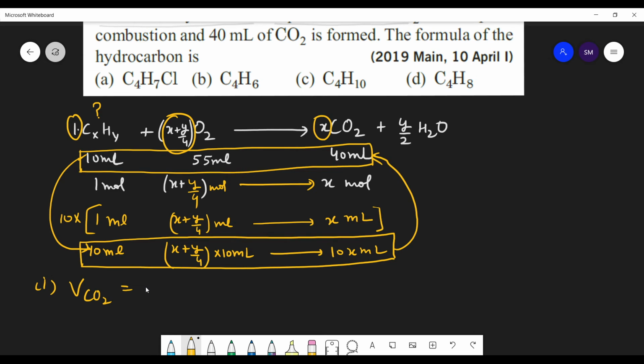So 10x equals 40 ml, and from here you can find the value of x. So x equals 4. Now the second thing: what about the volume of O2? That is equal to 10 into (x plus y by 4) equals 55 ml. Agreed?